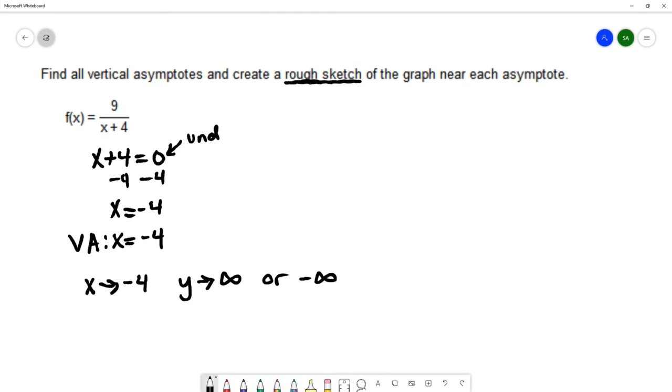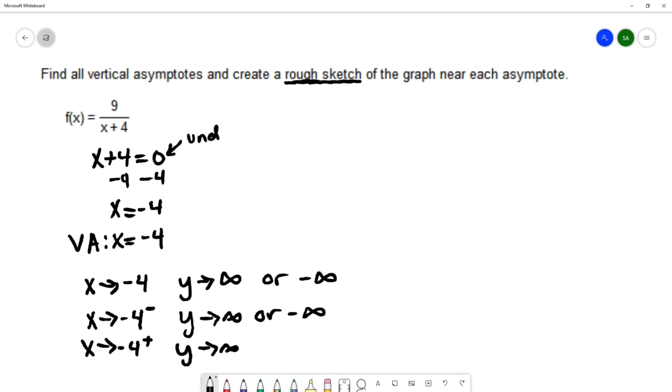You can approach negative 4 from either side: from below negative 4, y can approach infinity or negative infinity, and from above negative 4, y will approach infinity or negative infinity.